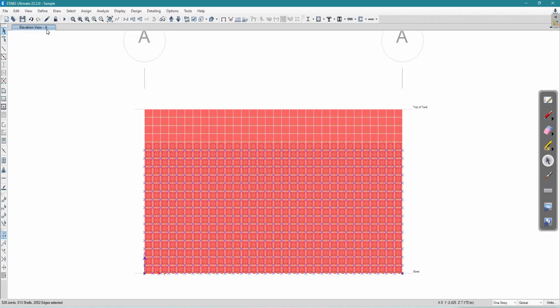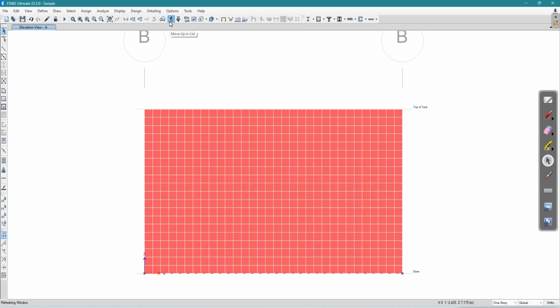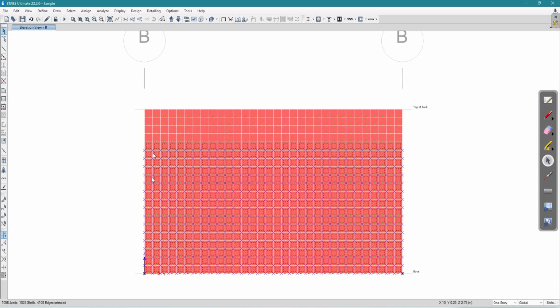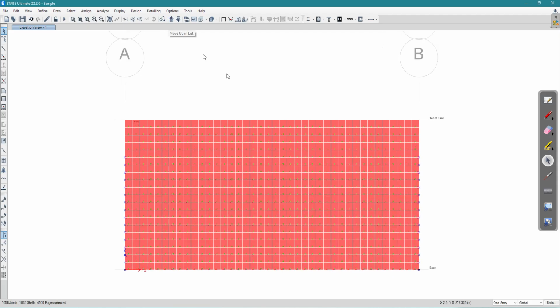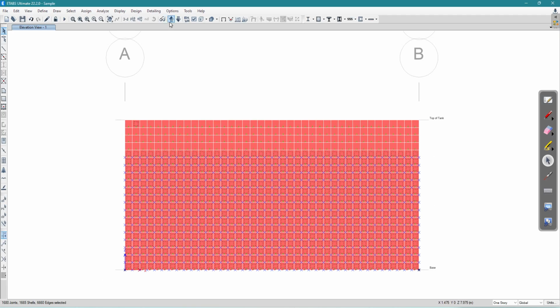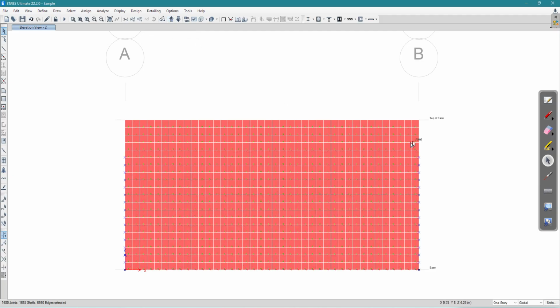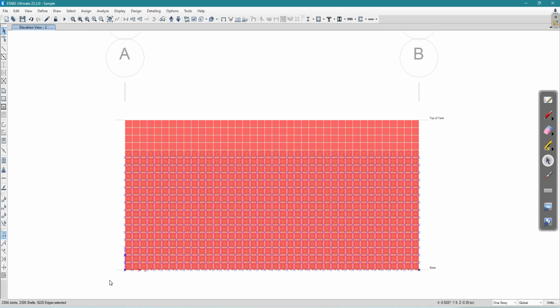This is elevation A. You go to the next elevation, elevation B. You leave these 4 shells, 1, 2, 3, 4, and select this. You go to next elevation 1, you leave these 1, 2, 3, 4. Next elevation 2, you leave these 1, 2, 3, 4 and select only this much. Okay, you go to 3D.